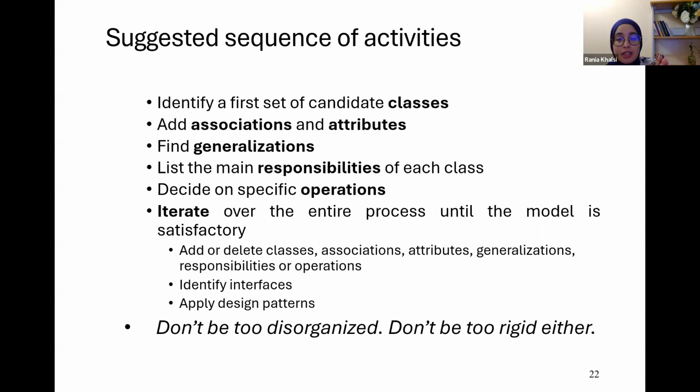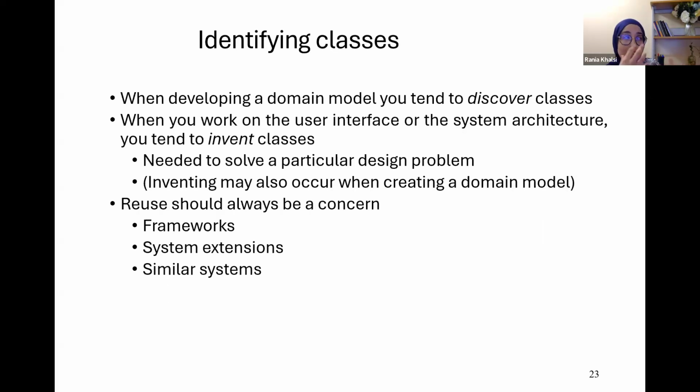Again, there is no recipe for that. There is no unique solution. It could be multiple. So make sure that you iterate this process multiple times, because the more you iterate, the more you will understand things, and you and your team members will probably have a clearer version of the class diagram.